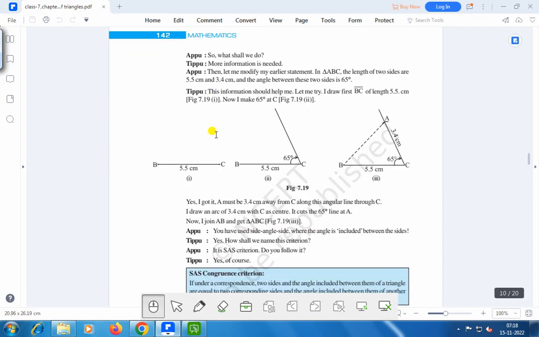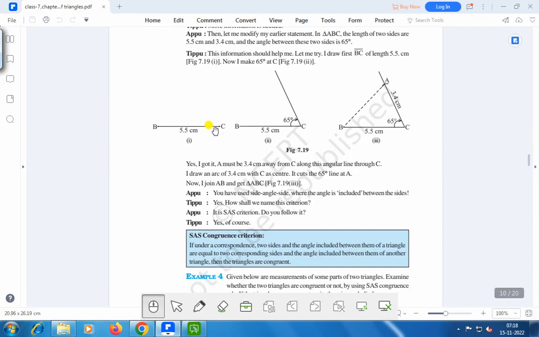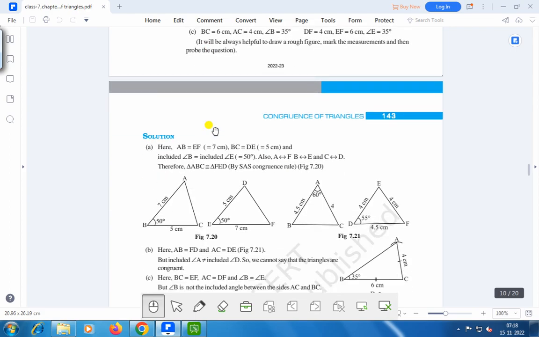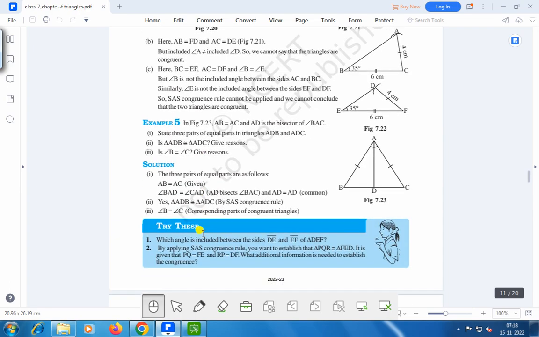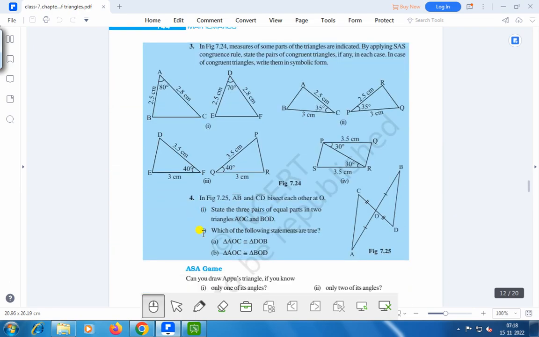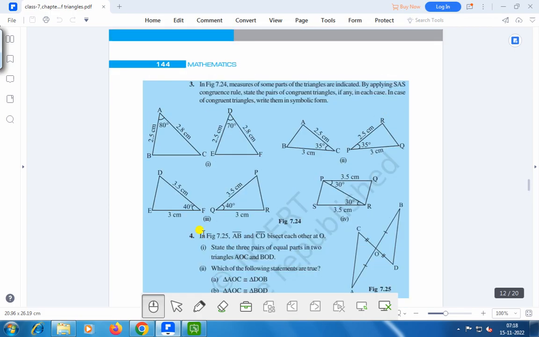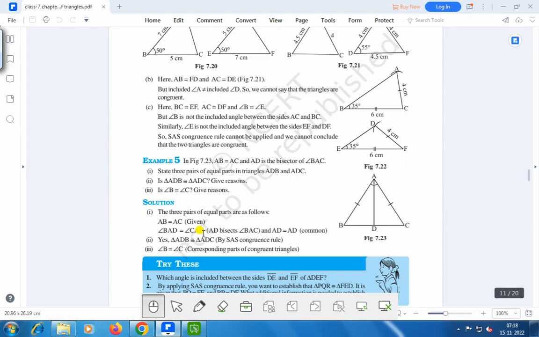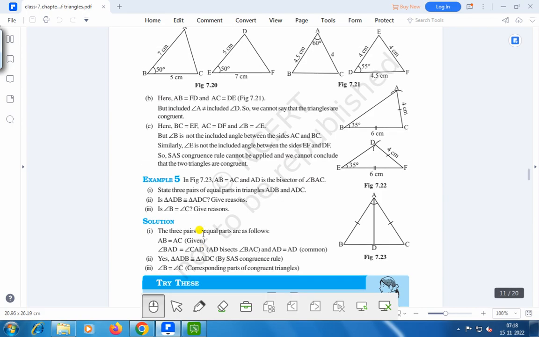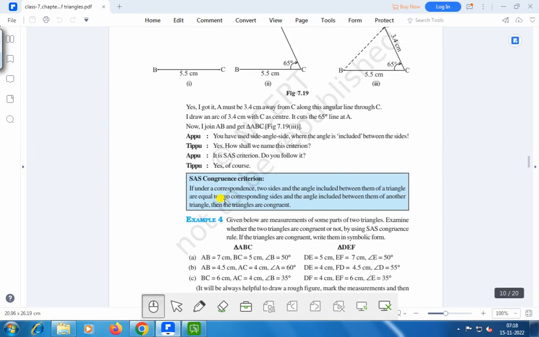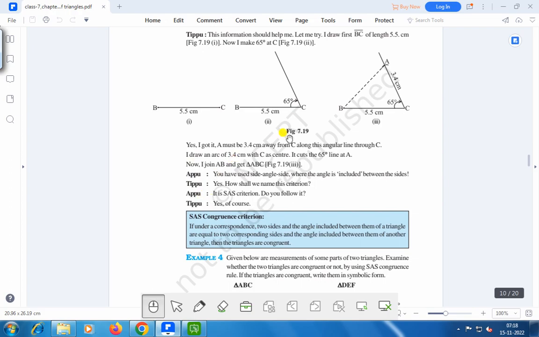Here you see side angle side means, here you see this figure, this side AB, side angle side. That is, this is side angle side.